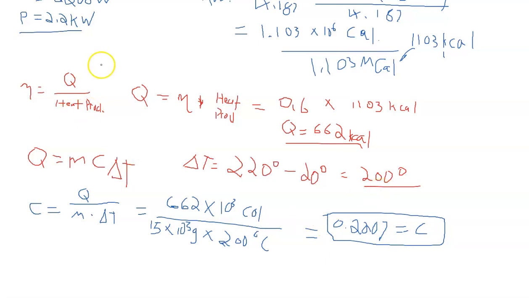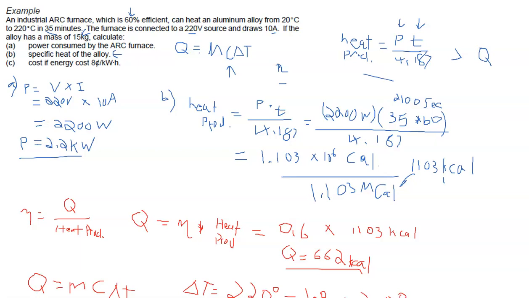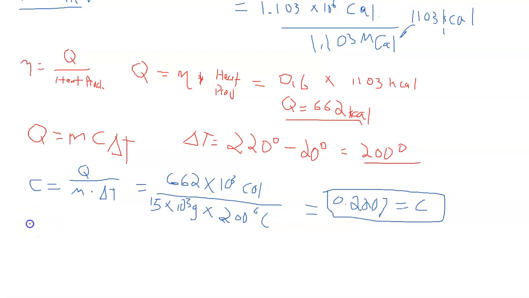Now, the last part of that question, we were asked then to find the cost if the energy is 8 cents a kilowatt hour. And so for part C now, the cost is equal to the energy. We already got the energy more or less in calories, right? But now, of course, that energy needs to be in kilowatts, multiplied by the price per kilowatt hour.